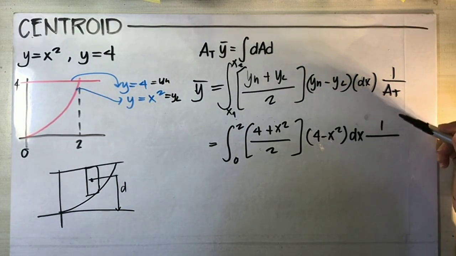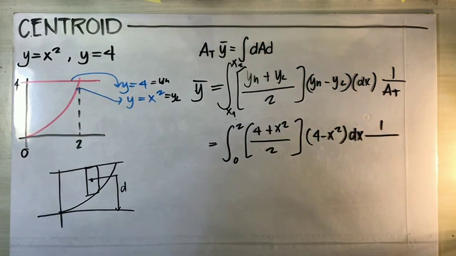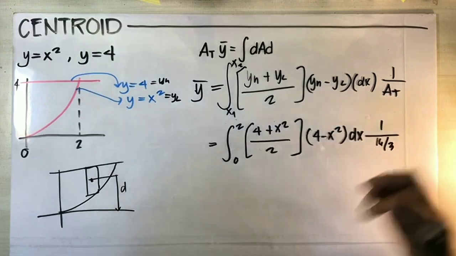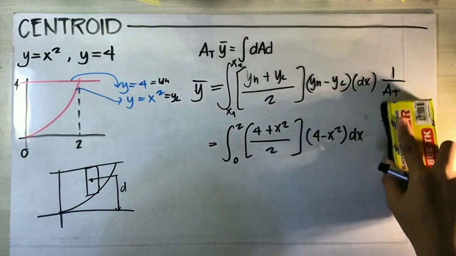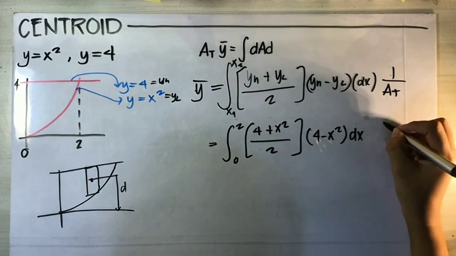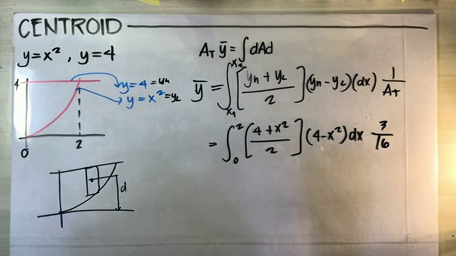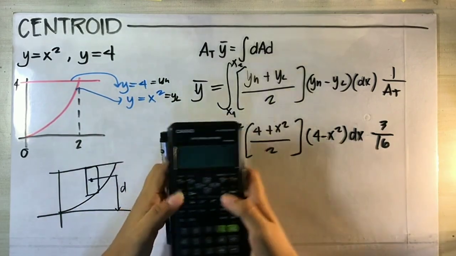So what is our area in the example earlier? So it's 16 all over 3. So we will put 16 all over 3, or we just put here 3 all over 16. Yeah. So for us to get the y bar, we use our calculator.